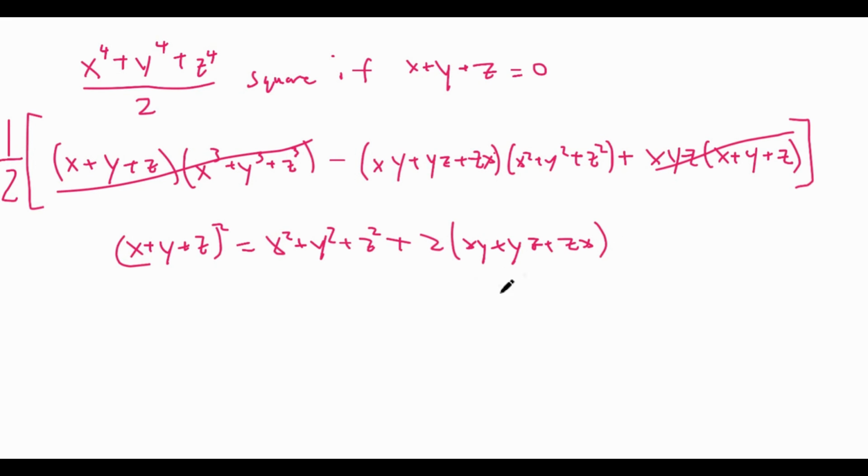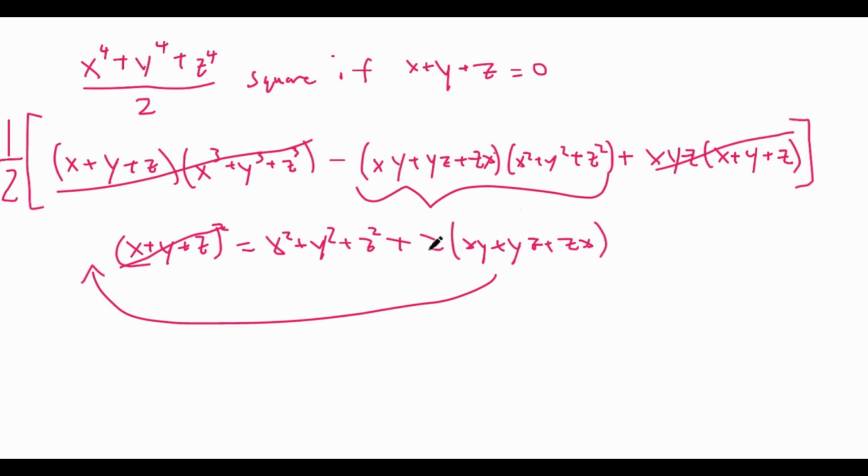So if we bring this over to the other side, then since this is 0, what this value is right here is simply negative 2 times xy plus yz plus zx.